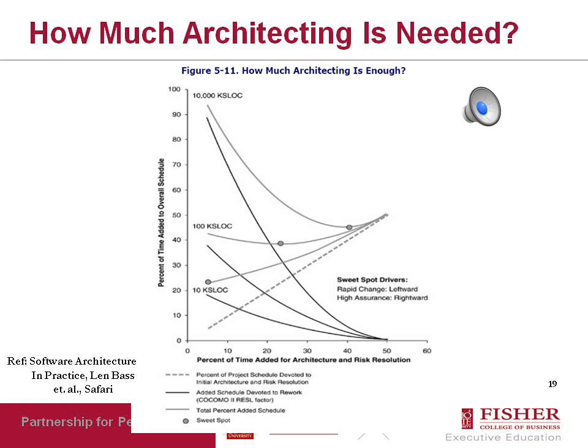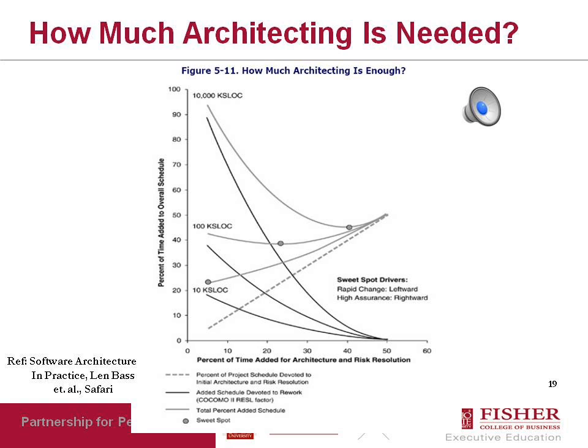And here, if you look here, a large system of 1 million lines or more will have greatly reduced schedules if architecture is done, up to about 50% of the time for the overall project is spent doing architecture. If more than 50% of the time is spent doing architecture for a large system, the time actually increases because you're spending too much time designing as opposed to doing the work.